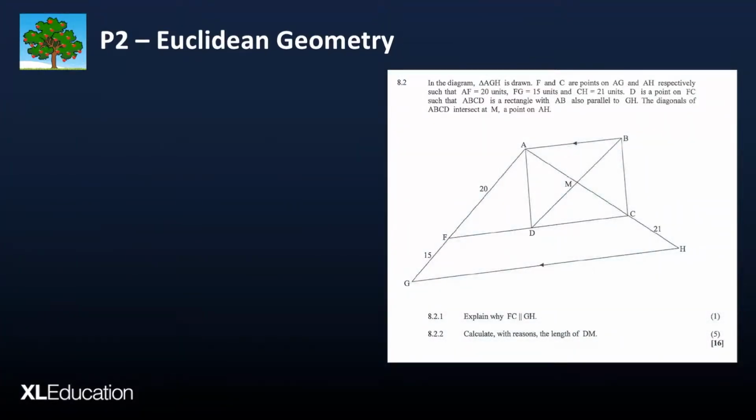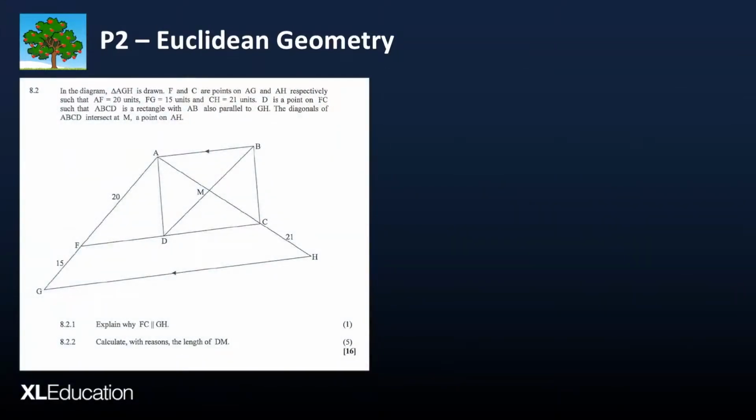Moving on, we go to question 8.2, which is talking about that interesting figure. I can tell you that it is 1 mark, a low hanging fruit. Let's see how we're going to write it down. Because ABCD is a rectangle, we know that opposite sides of a rectangle are parallel.